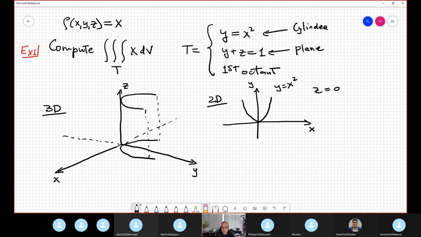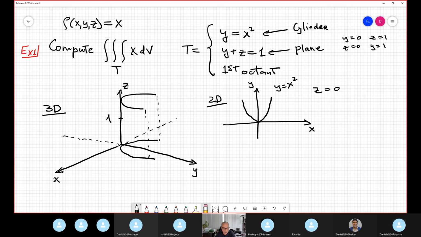Therefore, for this plane, say I want to find the intercepts on the axes. Suppose that I set y equals 0. Then c is 1. This point is here, 1. And suppose c equals 0. Then y is equal to 1. c is 0, y is 1.